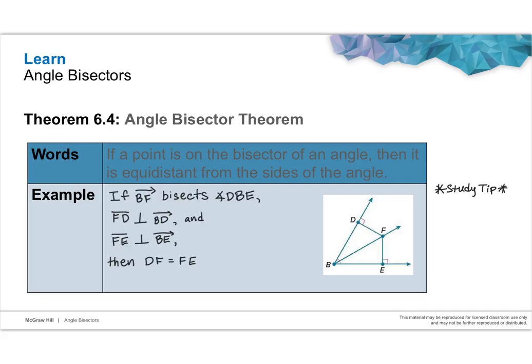First of all, the regular angle bisector theorem, or theorem 6.4 in your book, says that if a point is on the bisector of an angle, so this point F right here is on ray BF, which bisects this angle DBE, and we know that because we see these arc marks down here in each part of that angle DBE split into two equal pieces, then we know that it is equidistant from the sides of the angle.